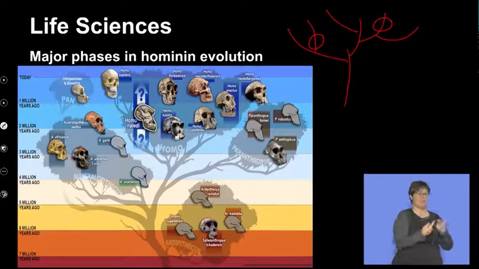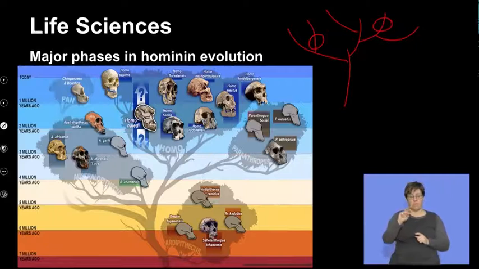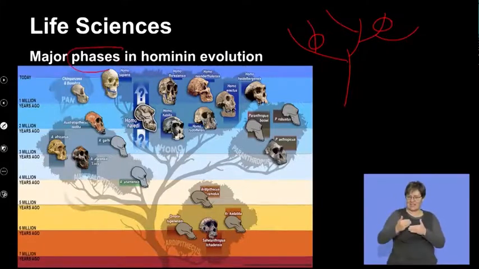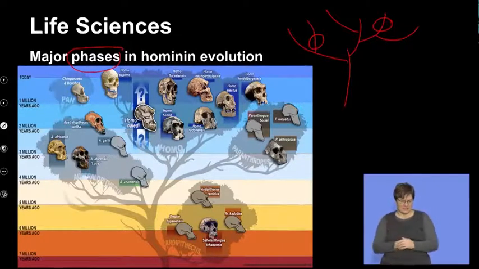Now, when we look at hominin evolution, remember that's what we're looking at: hominins, us and our living ancestors. There were different phases that they went through. We find different kinds of genera, because remember, we like to classify things and put things into perspective.